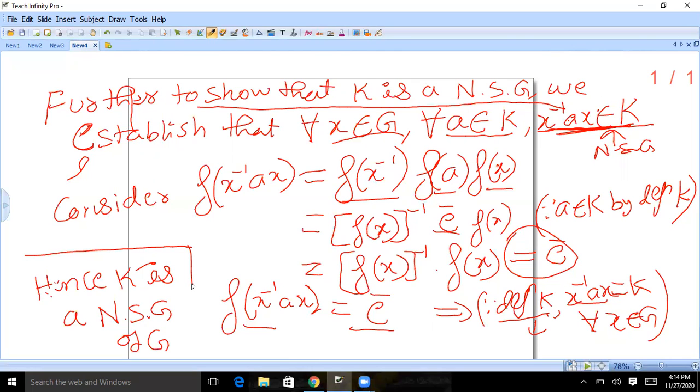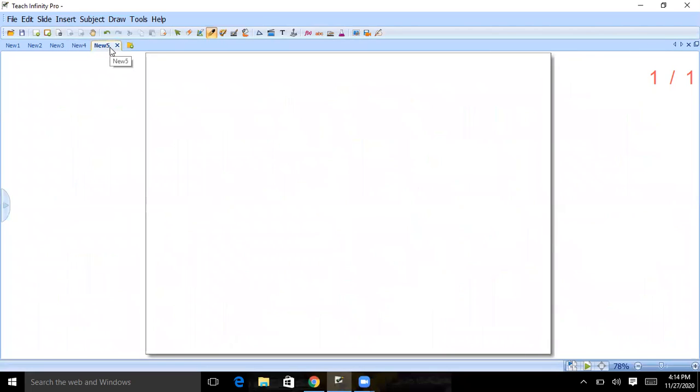Okay, so next we shall see one more theorem, theorem number 42.